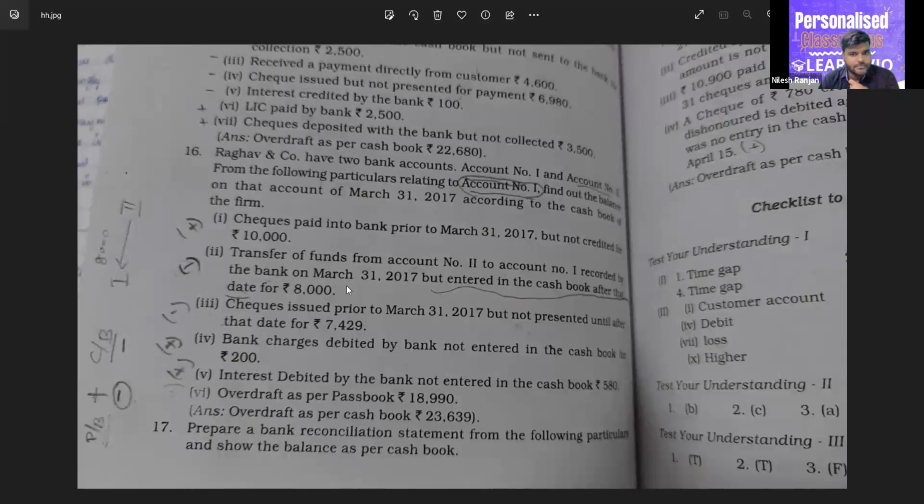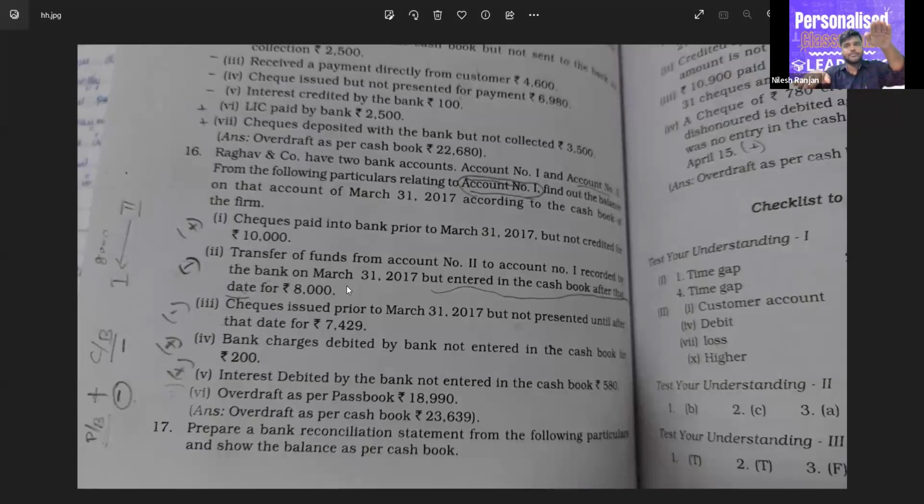How, sir? Okay. So check issued means you are giving a check to someone. We are giving money. Yes, we are giving a check to someone, then they will withdraw money from our bank account. So it will decrease our cash. Yes, sir. Okay.